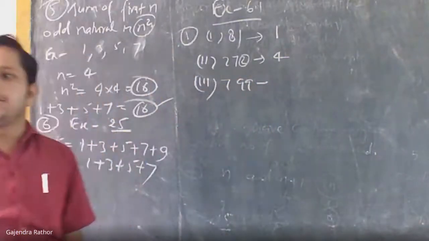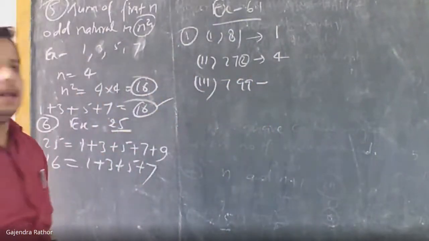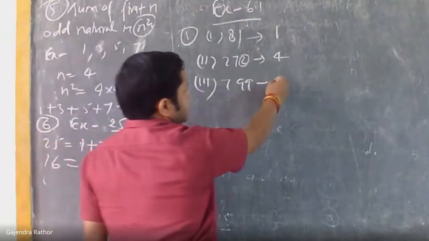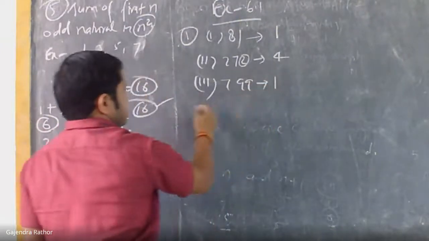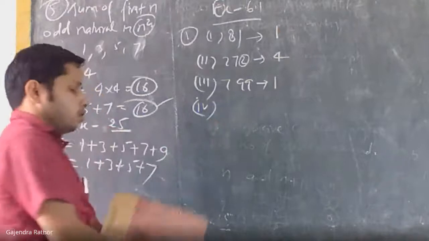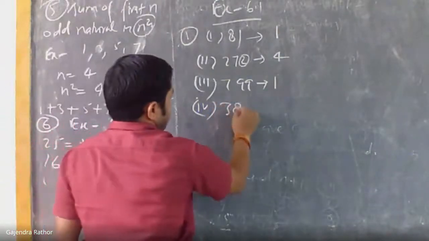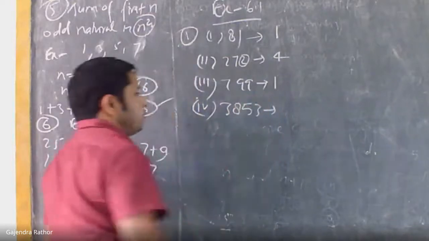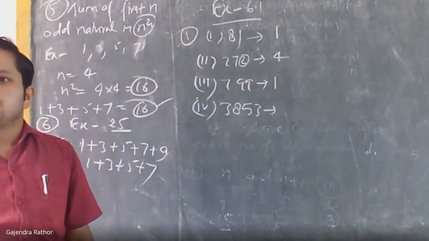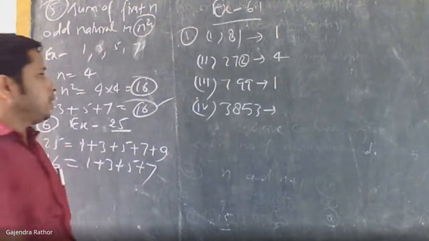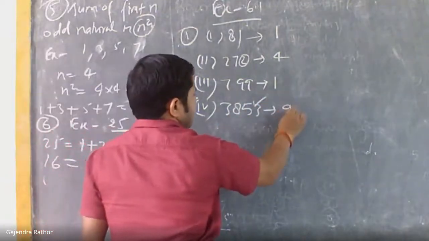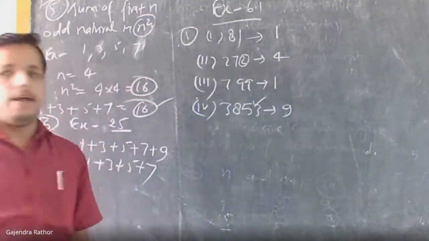What will be the unit digit? Correct answer, 1. 9 times 9 is 81, so 1. Next is 3853. What will be the unit place of the square? Correct answer, 3 times 3 is 9. So the unit place is 9.